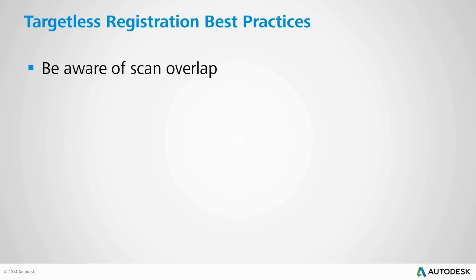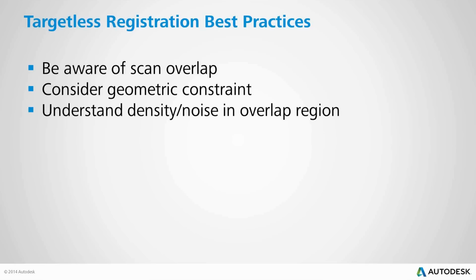You need to make sure you have enough overlap between scans. Geometric constraint is something that we'll talk about. It's important to make sure that you have in that overlap region enough geometry to fully constrain the data. We want to think a little bit about the density and the noise of the data that we have in our overlap region that can impact the quality of our results.